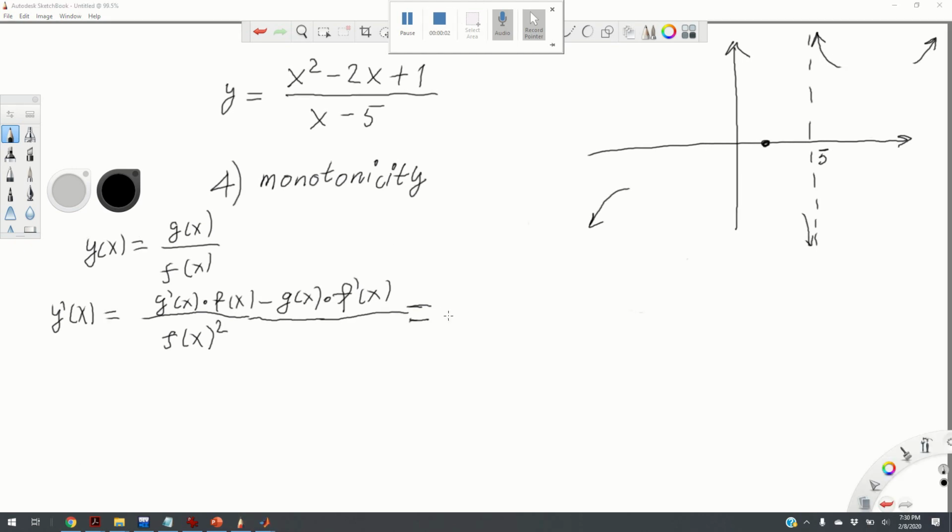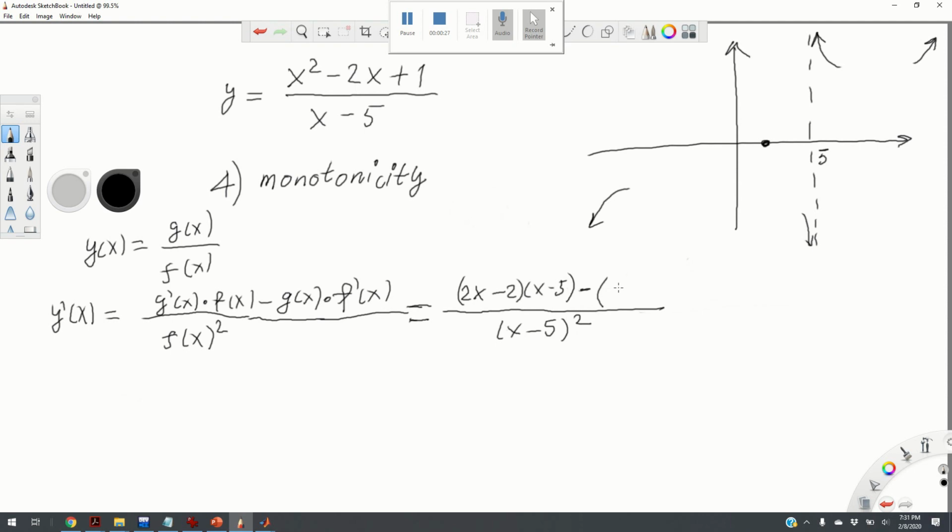So let us substitute the values. In the denominator we have x minus 5 squared. In the numerator, the first derivative of g of x is 2x minus 2, times x minus 5, minus what is g of x?